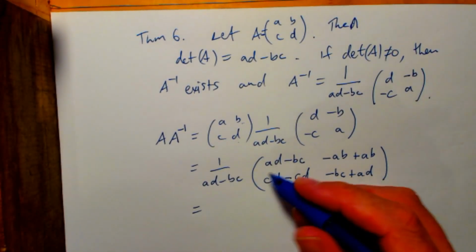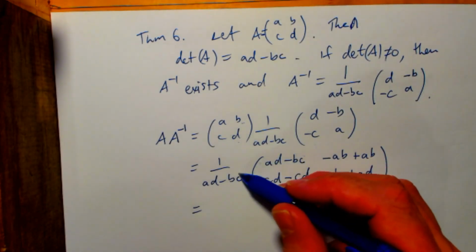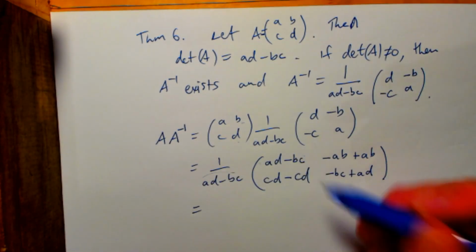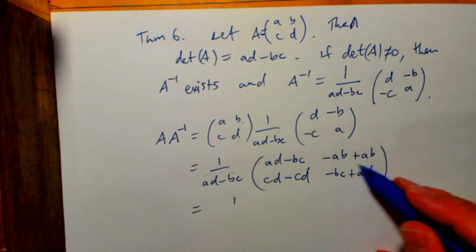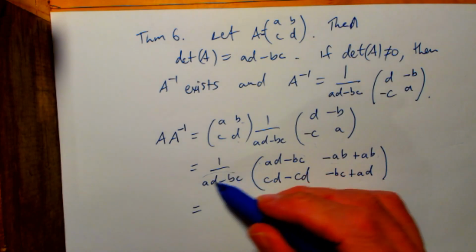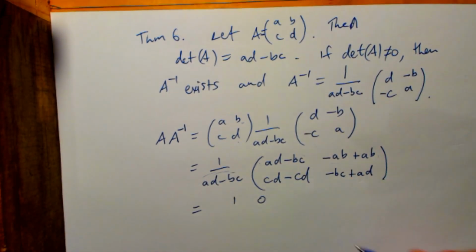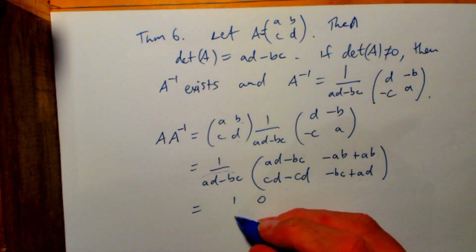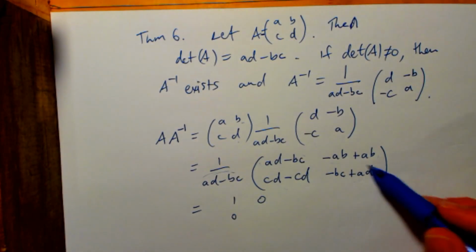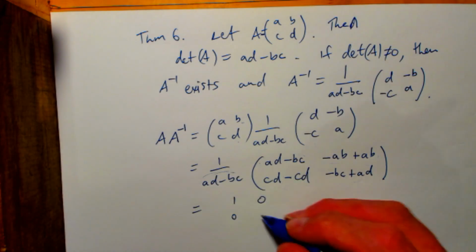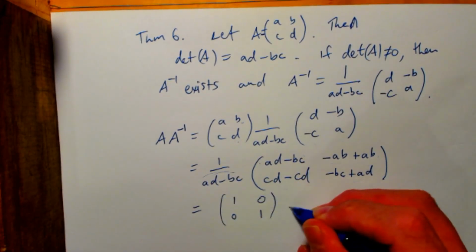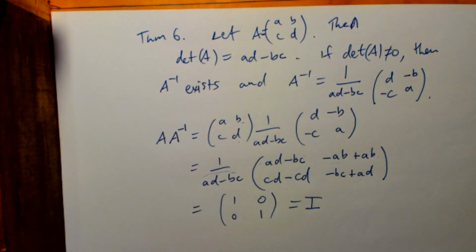And so this is the same as this. So if I divide this in, I get 1. Now this is 0, so I have 0 over this, which is 0. And then this is 0, so we have 0 there again. This is the same as this denominator, so we have 1. And that's the identity matrix.